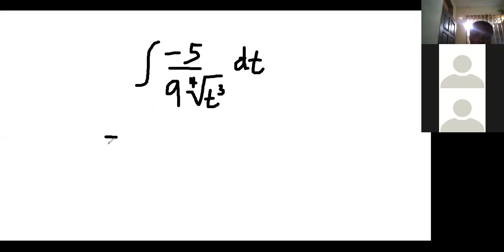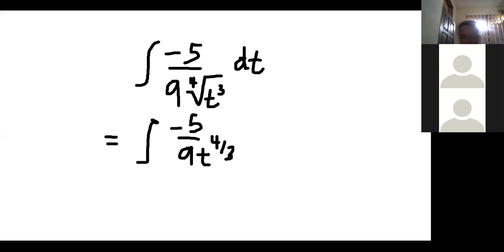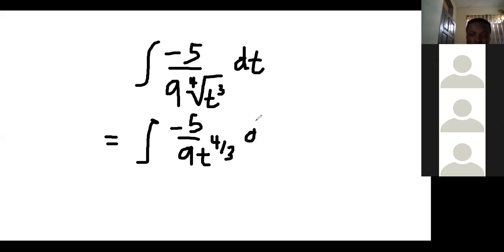So let's see if you can rewrite this. This will be minus 5 all over 9. This can be the same as t raised to the power 4 over 3. Do you agree? Yes. So after getting this, we can do the normal thing we do.